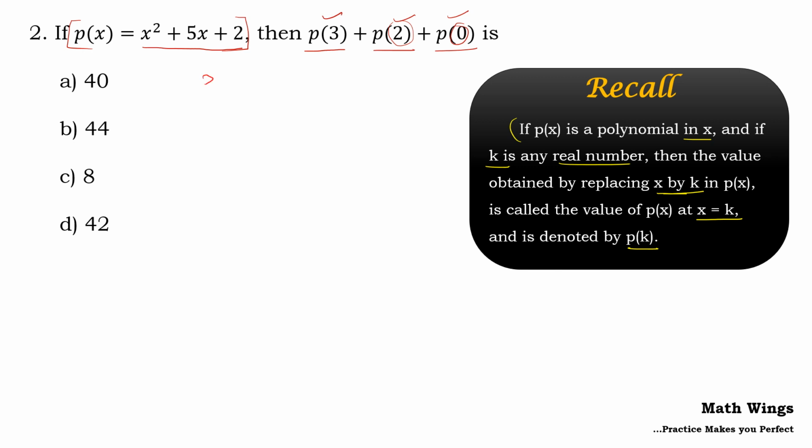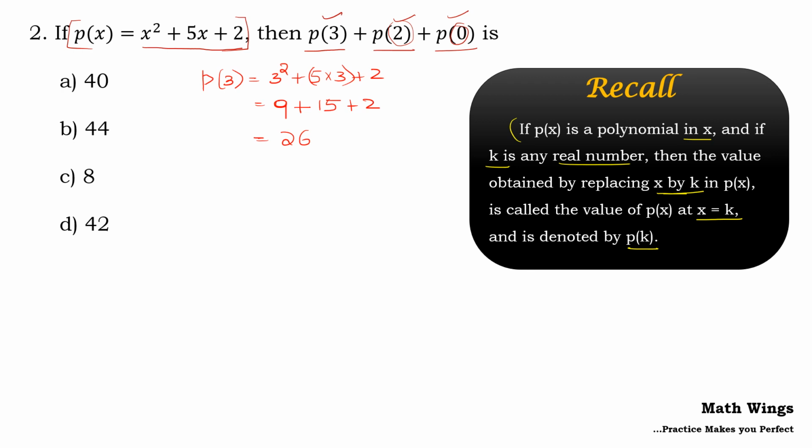So first, p of 3 is equal to, we have to substitute 3 in the given polynomial. So 3 squared plus 5 into 3 plus 2. Therefore, this becomes 3 squared, 3 into 3, which is equal to 9, plus 5 3s are 15, plus 2. So this becomes 26.